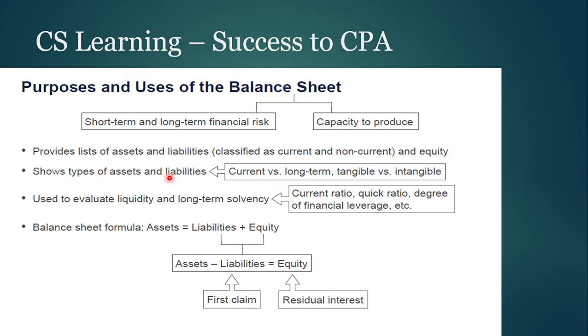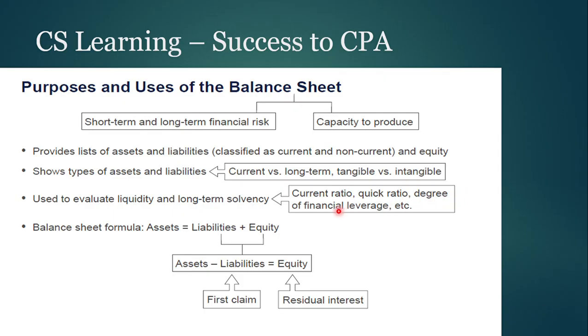And the next use is to evaluate liquidity and long-term solvency. By checking the balance sheet, we can calculate current ratio, quick ratio, degree of financial leverage, etc. These things we will discuss in detail in coming videos.